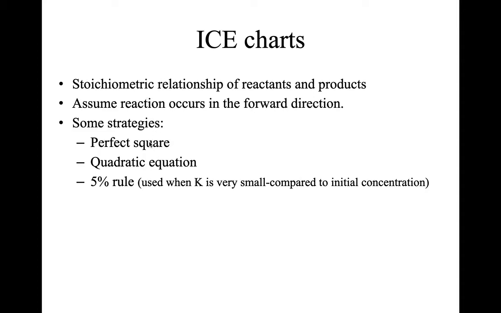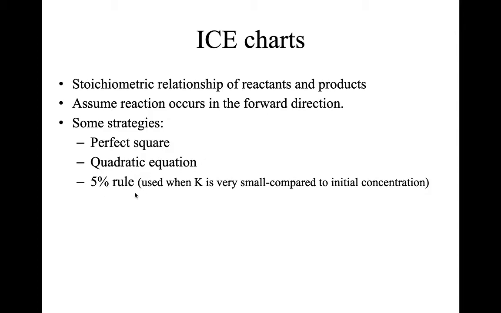And you'll get expressions for the equilibrium concentration, the initial number minus x or minus 2x or so on. And so typically you'll plug those equilibrium expressions into your equation for the equilibrium constant, and you'll be solving for x. And you can do that either by completing the square or by using the quadratic equation.